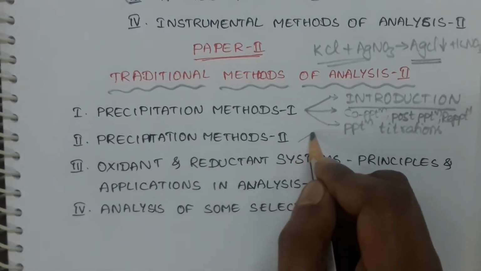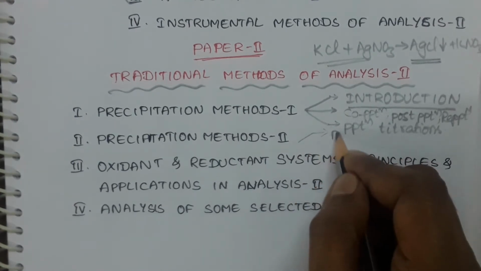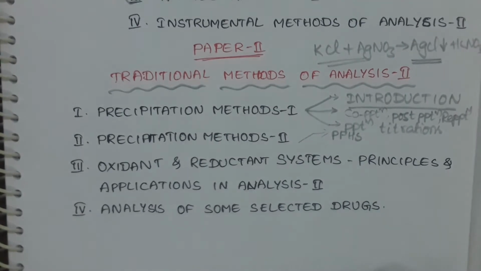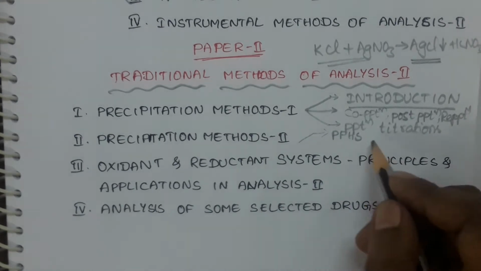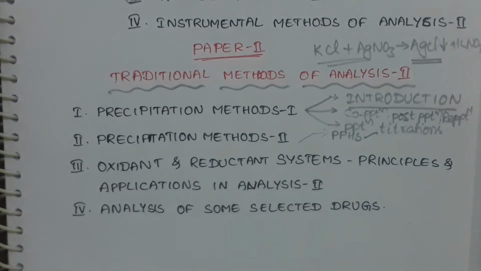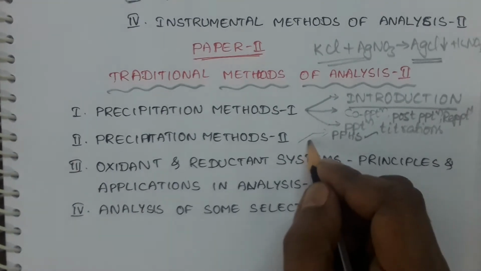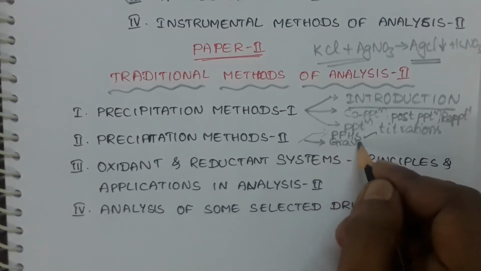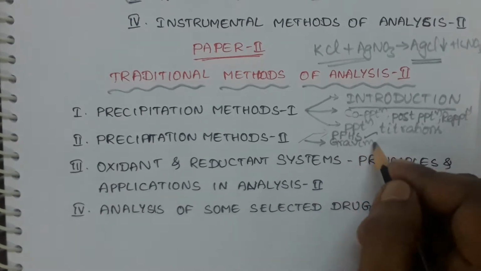Next, in second unit, as part 1, we are going to discuss precipitation from homogeneous solution, simply called PFHS. Next, second part in second unit is gravimetric determinations. Gravimetry is an application of precipitation methods.